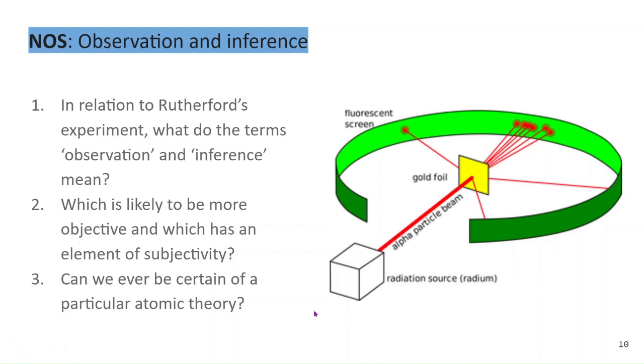Number 3, can we ever be certain of a particular atomic theory? So I would say, although some of these theories may be very well supported with evidence, we should be really careful of saying we're certain of something because there's always an element of interpretation, right?